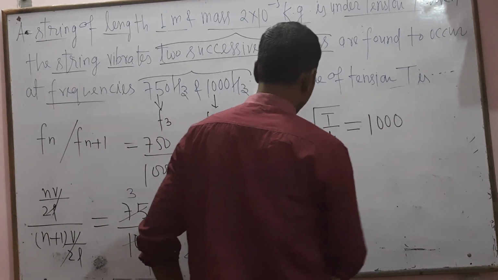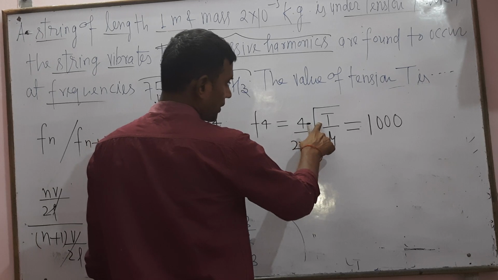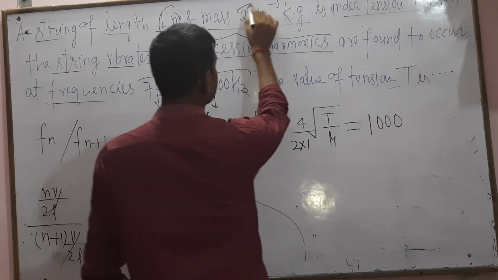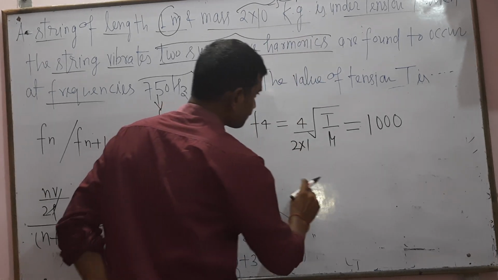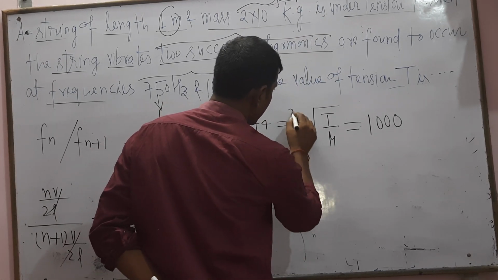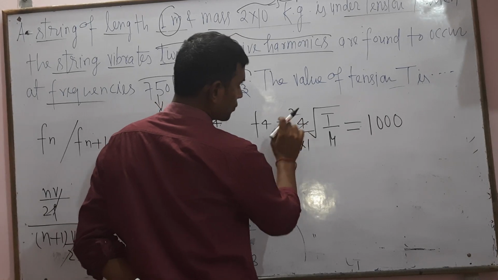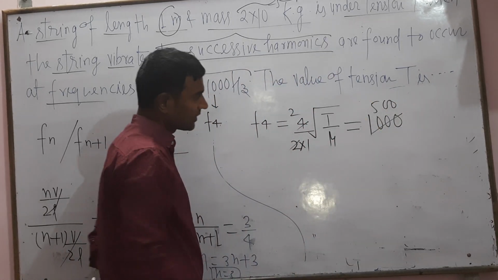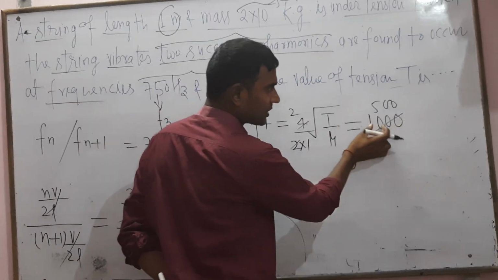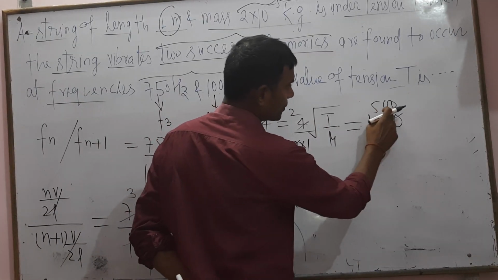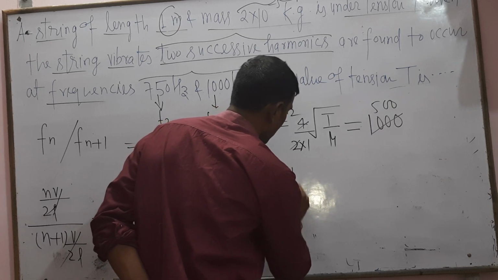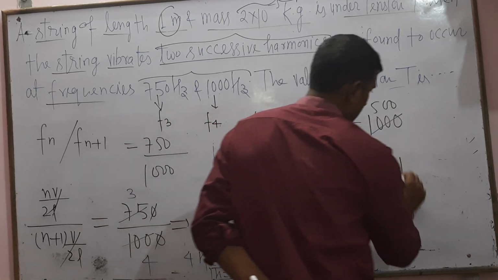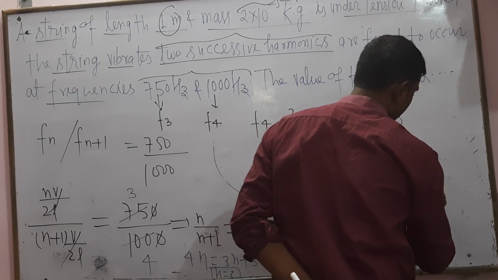So that equals n v by 2l, with l equal to 1 meter. These numbers cancel out, so we get 500. Next, root of T by mu, and what is the value of mu?